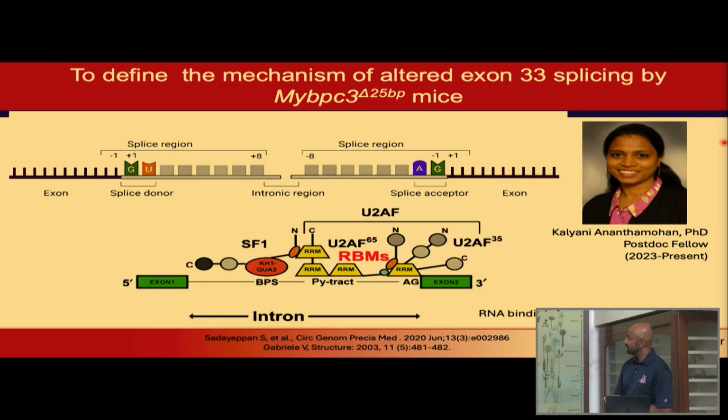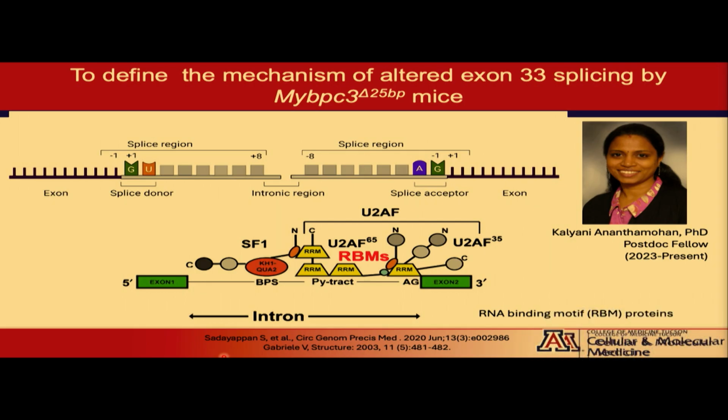In that region, there are many transcription factors involved in binding and transcribing normal mRNA. The RNA binding motif proteins are key proteins. You have to have normal binding and then post-translational modifications.